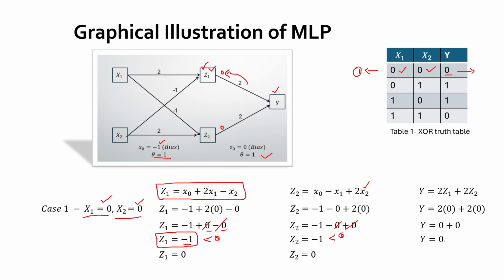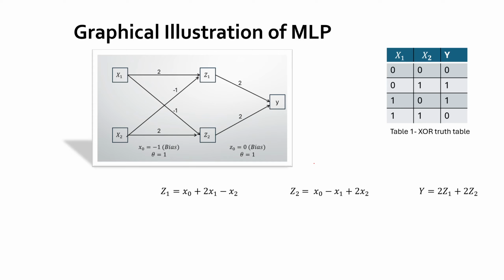So the calculated weighted sum at the node y is also less than the threshold. Therefore, it will also output a value of 0. And as a result, we get the output value 0. So this is case 1, where both inputs, x1 and x2, have a value of 0.